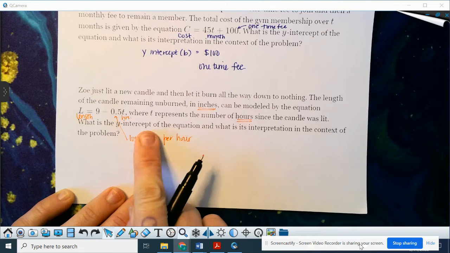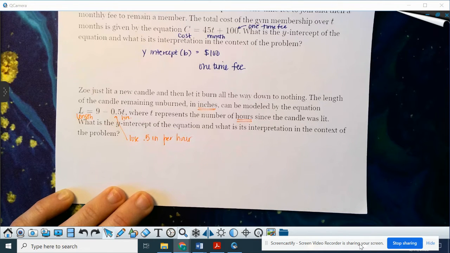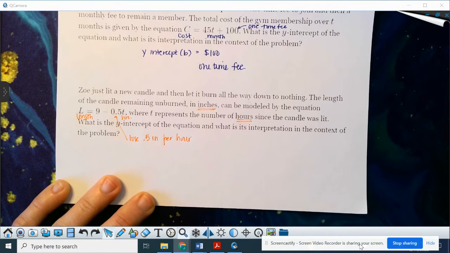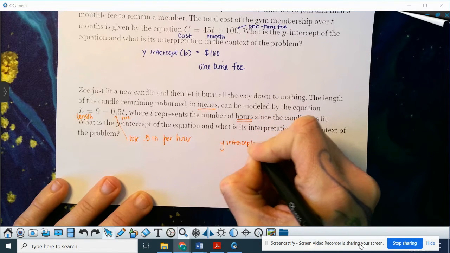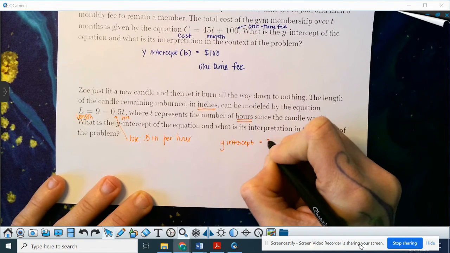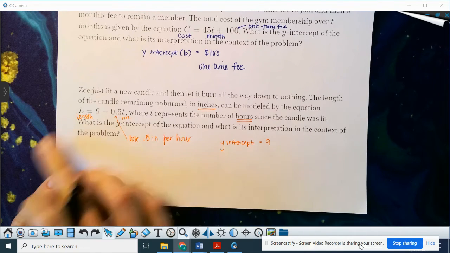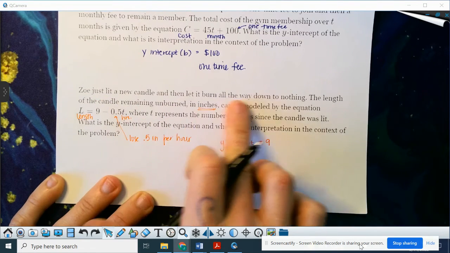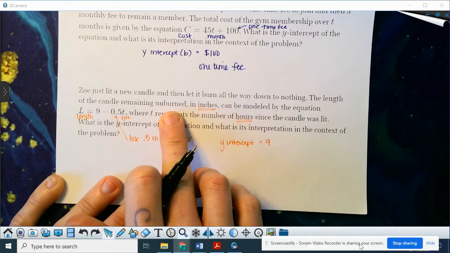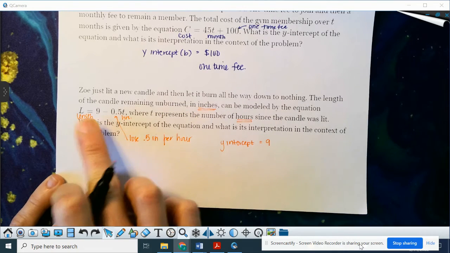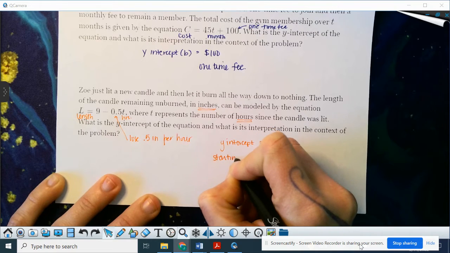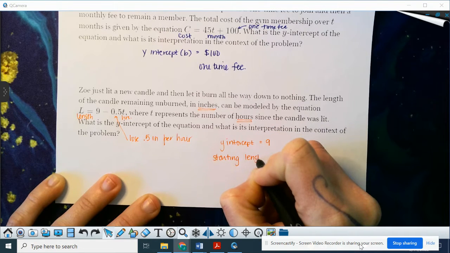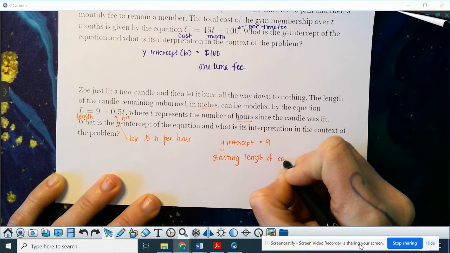What is the y-intercept of the equation, and what is its interpretation in the problem? So the y-intercept is going to be our constant, or our b value, which is 9. So that 9 is going to be the starting length of the candle before they started burning.